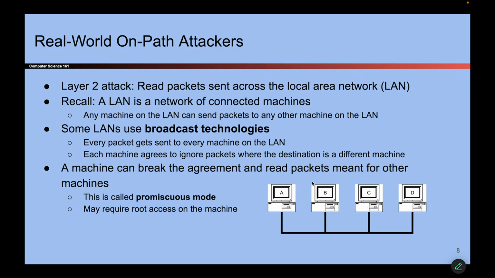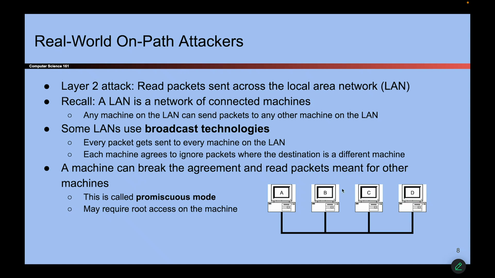So for example, when we had one of these network topologies where everybody is connected using a single wire, the result is that if any of the hosts send a message, it gets sent on this wire, and everybody can see it. So for example, if A wants to send a message to C, A is going to signal that message along this wire, changing the voltage on this wire, and C is going to see that message, but so are B and D. Now, technically, what's supposed to happen is that B and D are supposed to look at the header, realize that they are not the intended recipient, and ignore the message that's being sent.